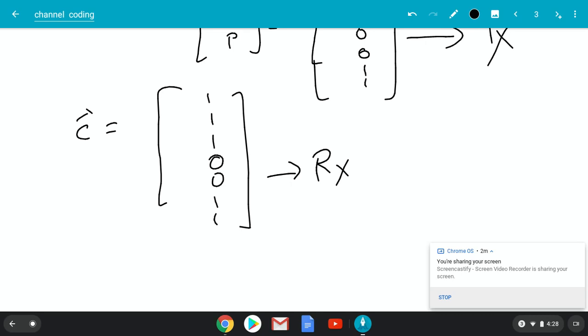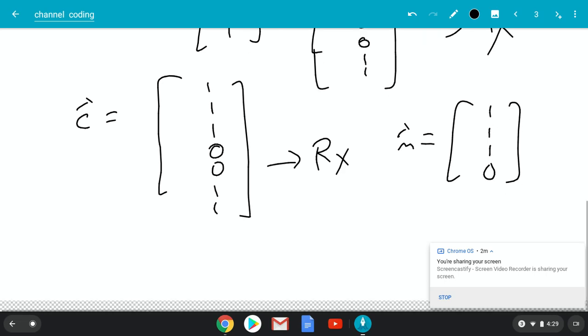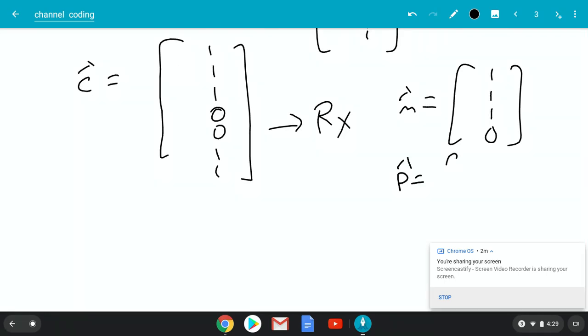But the receiver doesn't know where the flip happened, right? So it only knows that this is what it received. And so the first 4 bits, it will say m hat. m hat is equal to 1110, and p hat is equal to 011. Okay, that's what it has.